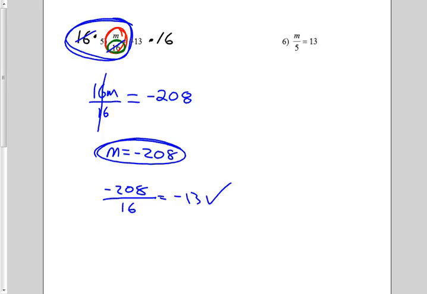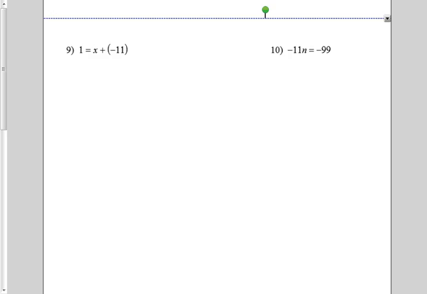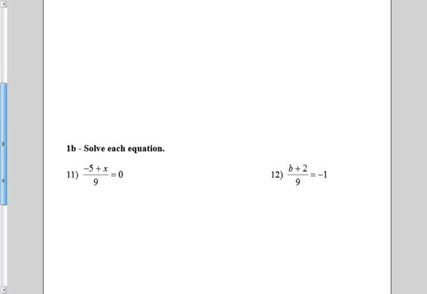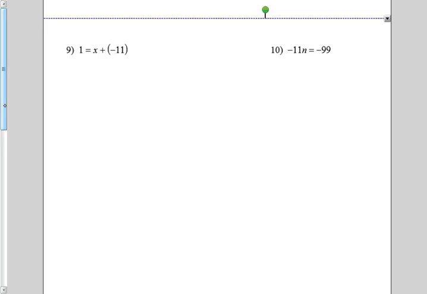Okay. As we come to the end of this on the next page, these are all the same one-step equations. So, as I look through, I do not see anything that's getting too rough on numbers 1 through 10. I think even with this, we should be able to do that, but I will do that one more time for you here. How do I get rid of the negative 11?